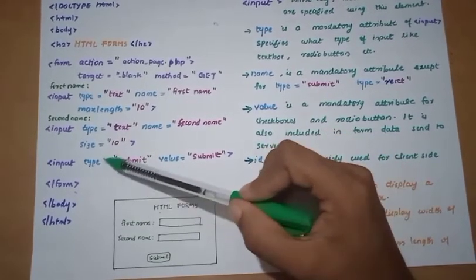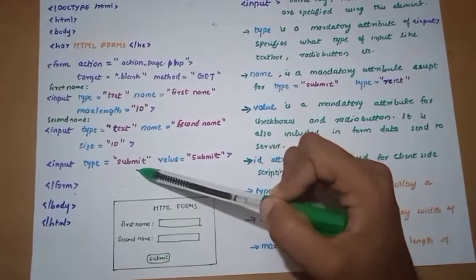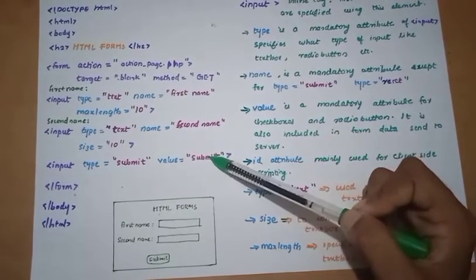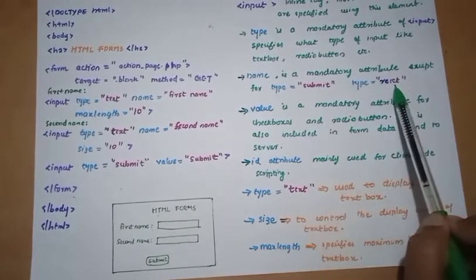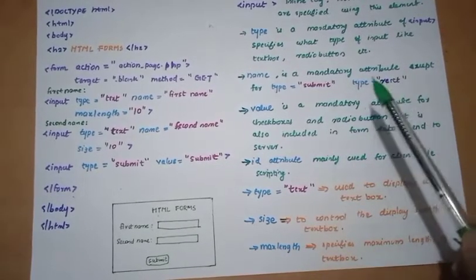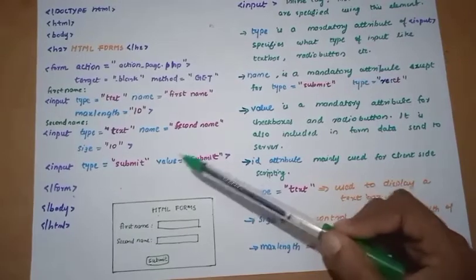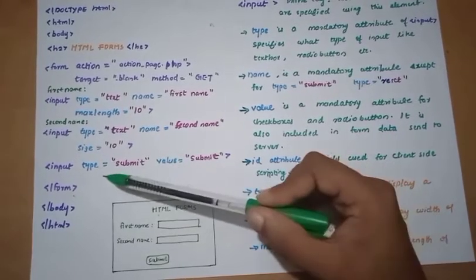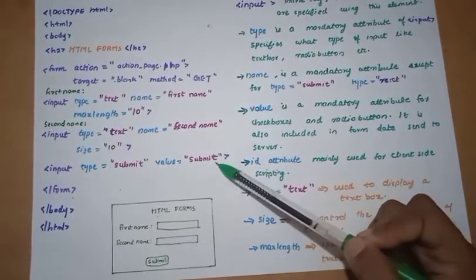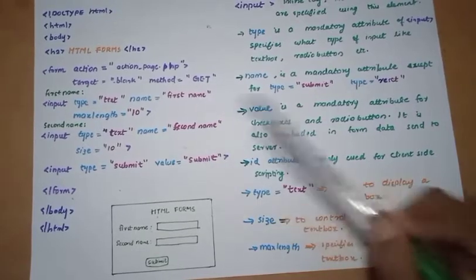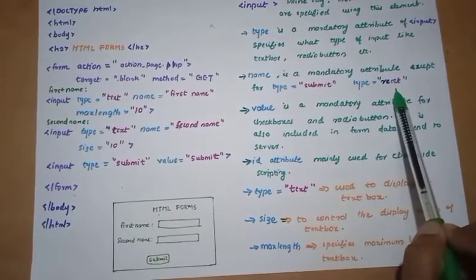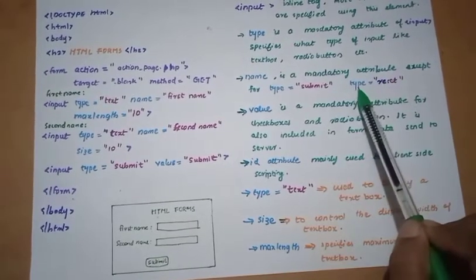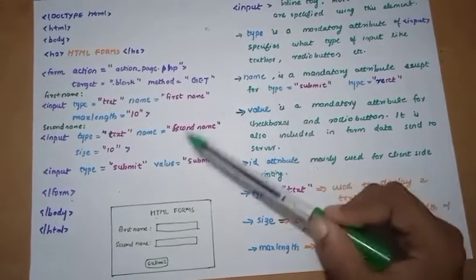We just mention which type of input it is and what its value is, in the case of submit and reset. It doesn't need a name there. It only needs the type and its value when we have to display the submit and reset buttons. Okay, so that is about this name.